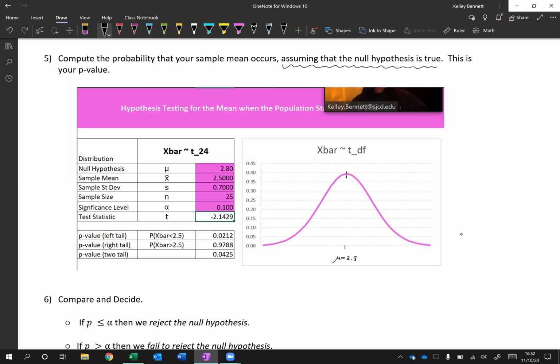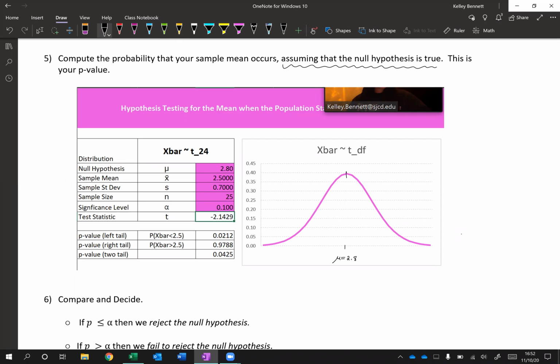And we want to know how far away is my sample mean away from mu? And moreover, is it so far away that I really can't even believe what you're telling me about mu? So let's see how far away it is.